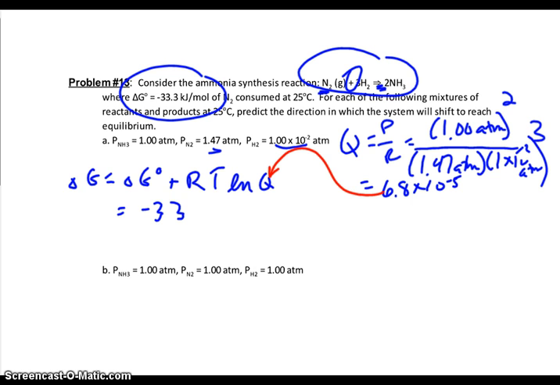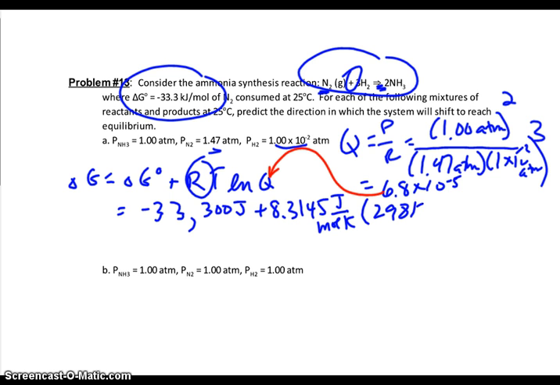But remember what we said, because R right here is measured in joules, we need to convert everything into joules. So it's actually negative 33,300 joules plus 8.3145 joules per mole K. That sounds like mol K, doesn't it? Times 298 Kelvin times natural log of 6.8 times 10 to the negative 5th.